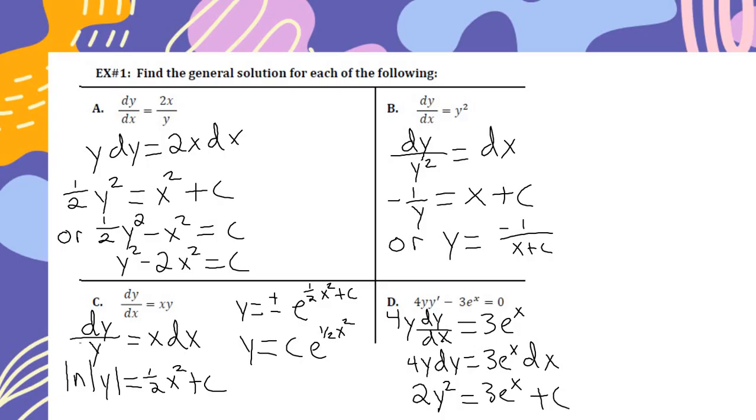Now, that's not going to be a conic section. It's not going to be super nice to solve for y like we got here with an exponential. So we're just going to leave our answer like that. If you have a bunch of funky stuff like natural logs of x's already or e's, things like that, you would just leave it there. Otherwise, you would get a square root of stuff with e's in it, so we're not super worried about that.